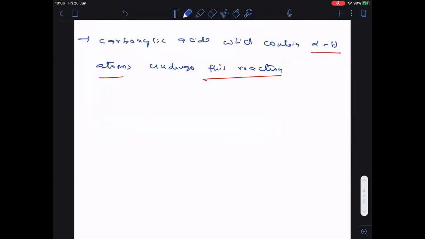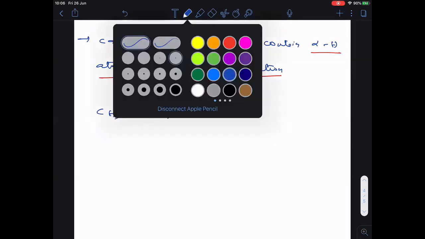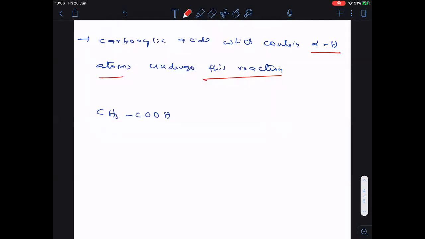Now here let me take one example, CH3COOH. The functional group bonded carbon is the alpha carbon, and here you see 3 alpha hydrogens are there on the alpha carbon. Clear?